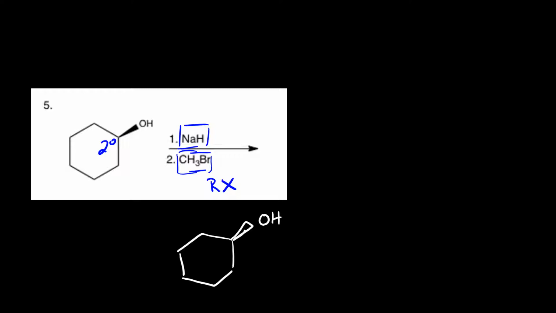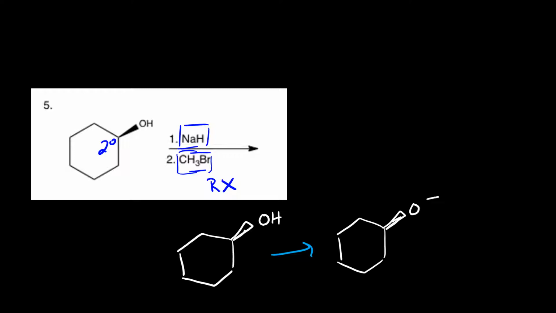Once again, on this problem, we have a secondary alcohol, but this time we're treating it with sodium hydride and then following that with treatment of an alkyl halide. When you treat an alcohol with sodium hydride, this is to deprotonate that oxygen.